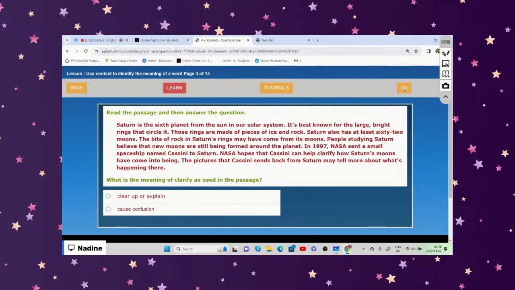People studying Saturn believe that new moons are still being formed around the planet. And in 1997, NASA sent a small spaceship named Cassini to Saturn. NASA hopes that Cassini can help clarify how Saturn's moons have come into being. And the pictures that Cassini sends back from Saturn may tell more about what's happening there. So, what is the meaning of clarify as used in the passage?